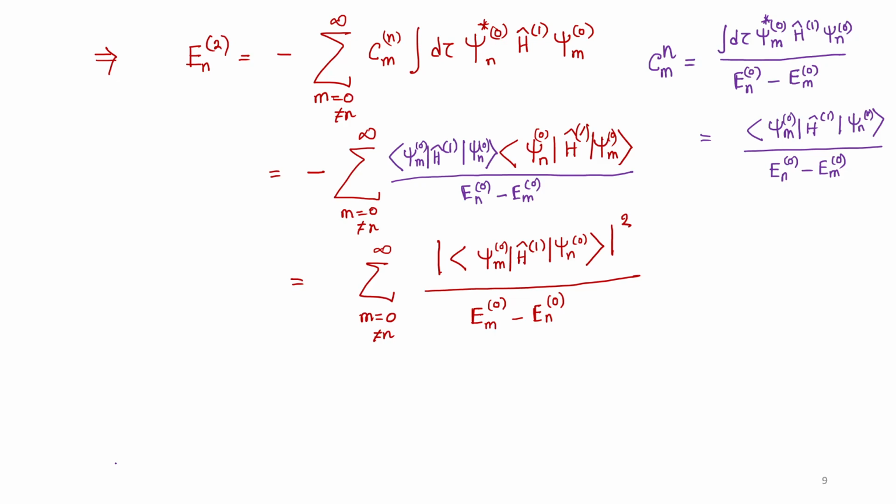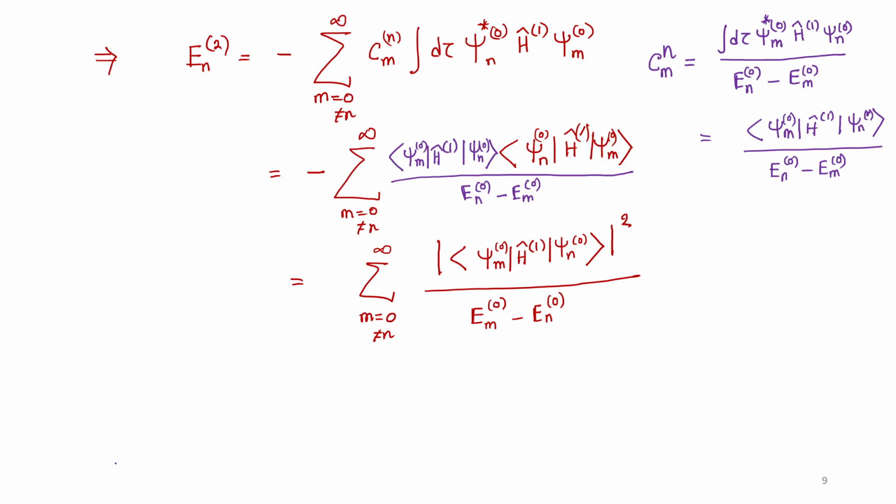So this is your second order correction to the energy. Okay, so I had a doubt that for a ground state, for n equals to 0, the energy should have always been the second order correction.